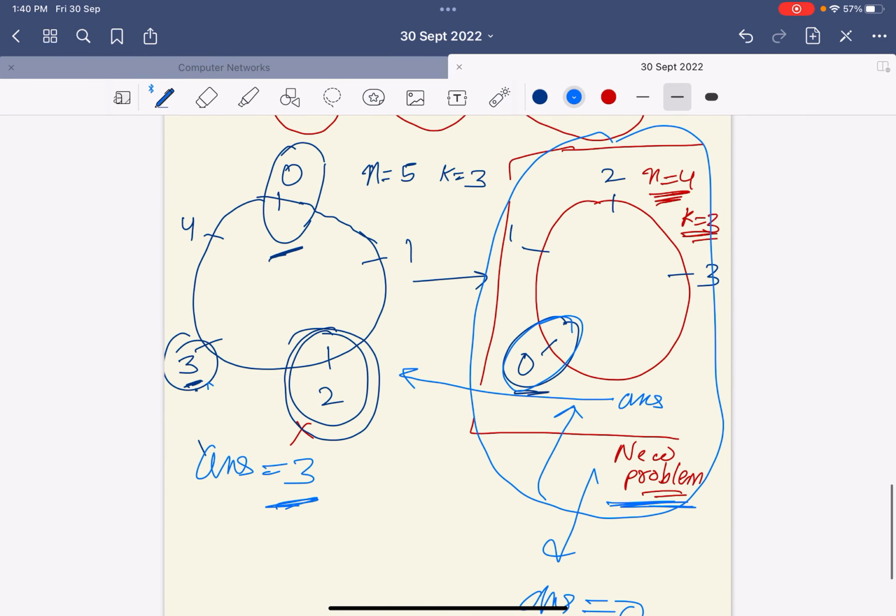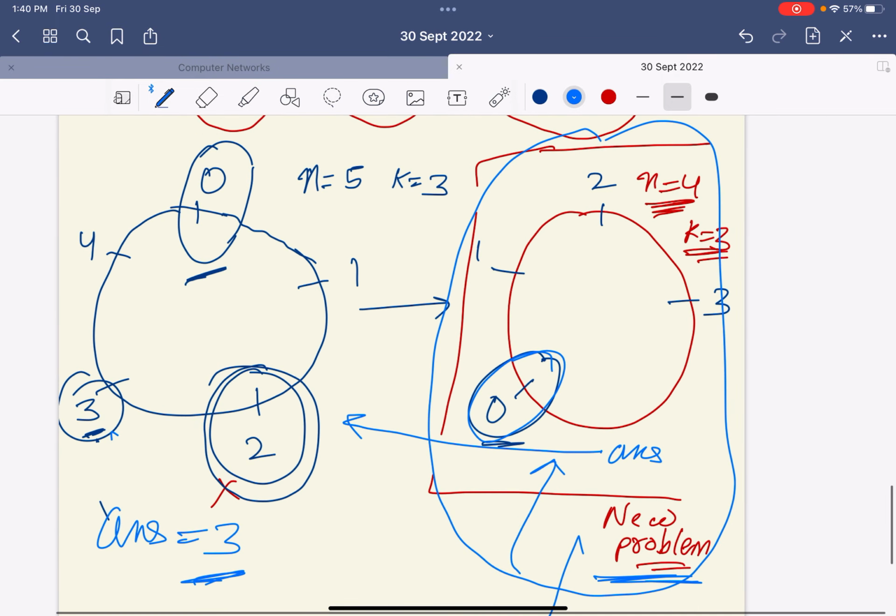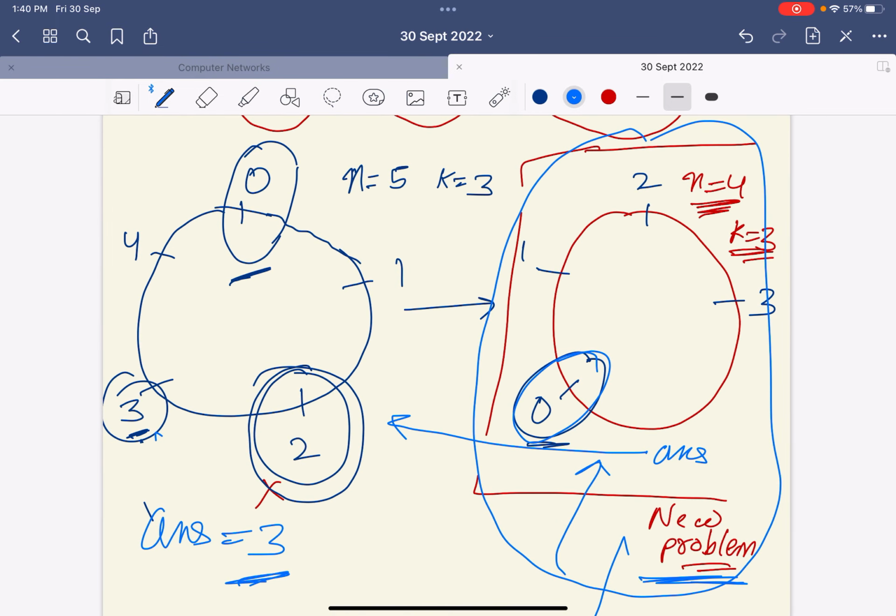If I observe, I can say that this 0 number is shifted by k units. If k is 3, then it is shifted by 3 units. So 0, then 1 unit, second unit and third unit. So 0 is shifted here by 3 units.